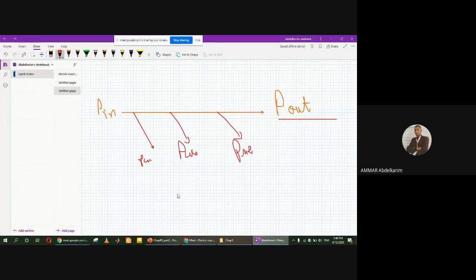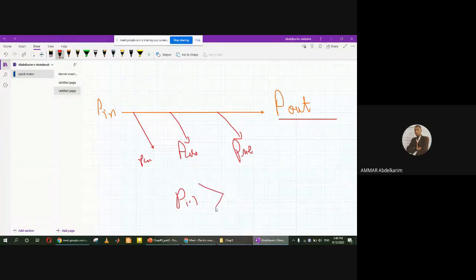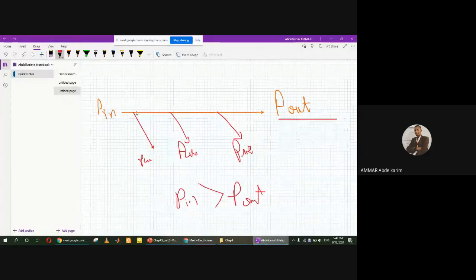So the output power is always less than the input power. This is what we call the power flow. Okay, so this is the efficiency.